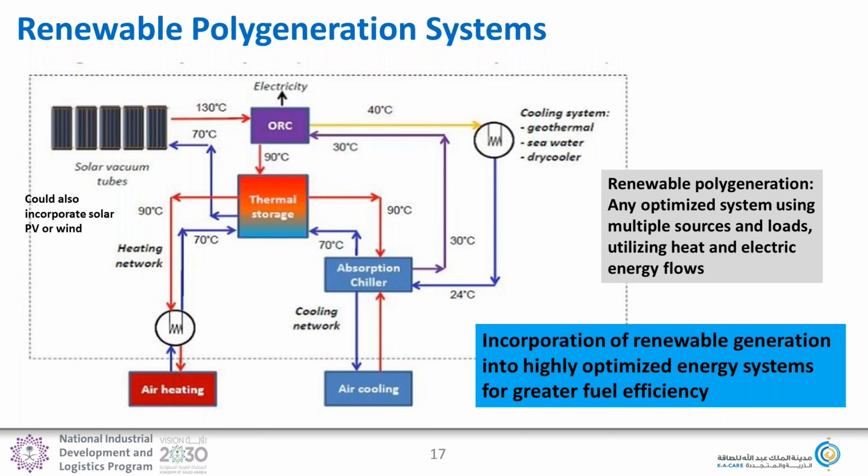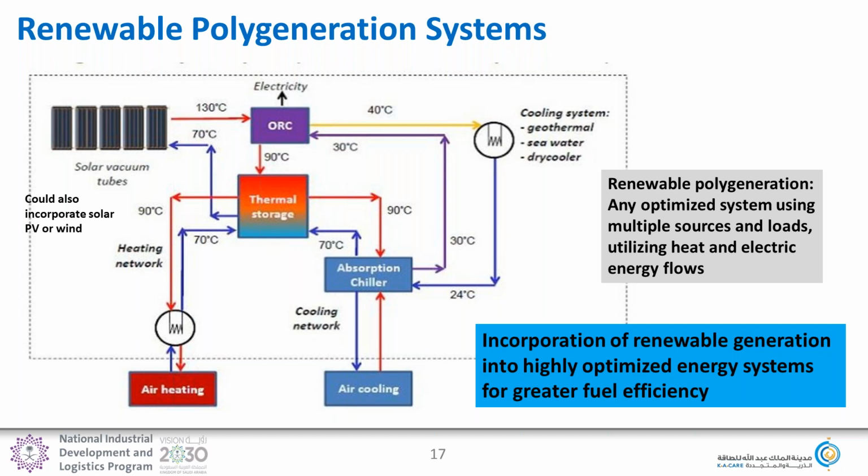So in contrast to microgrids, the difference between that and renewable polygeneration systems, at least as we are looking at it, is a microgrid is an electrical power system, whereas a polygeneration system is some sort of a combined heat and power system, where you may be serving electrical loads, cooling loads, heating loads, desalination loads.